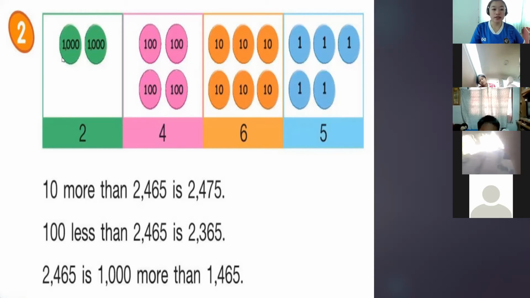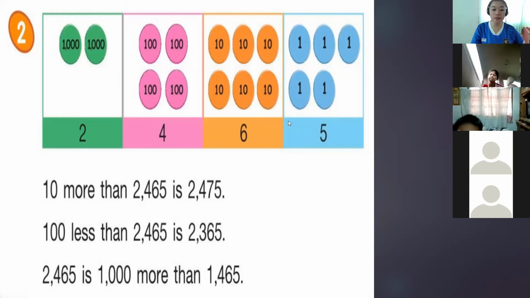Okay, so in thousands, 2 stands for 2,000. 4 stands for hundreds. And 6 stands for 60. And 5 stands for 5 in ones place.